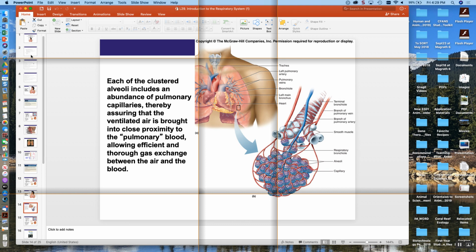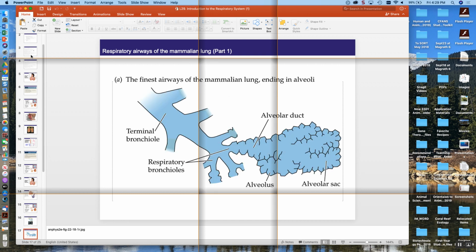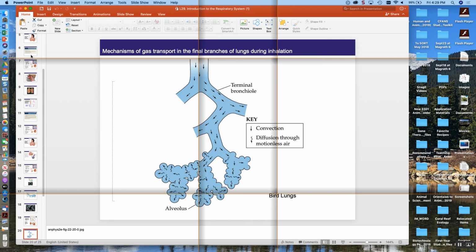So I talked about bird lungs. Bird lungs have those posterior and anterior air sacs. A bird takes 2 breaths. It takes in air to the posterior air sacs, and then delivers it to the lungs when they exhale. Second breath, air goes to the posterior air sac, anterior air sac, and then exhales out the trachea.